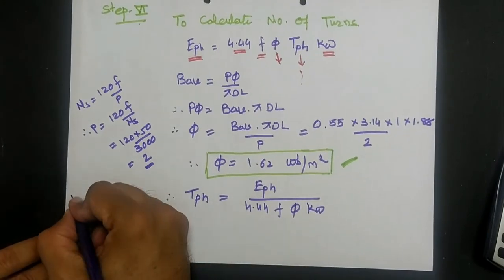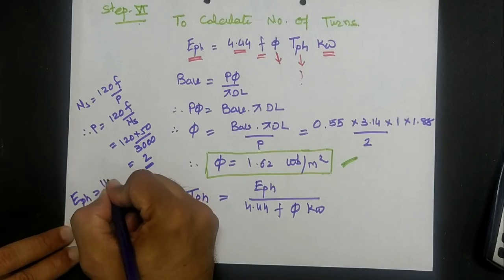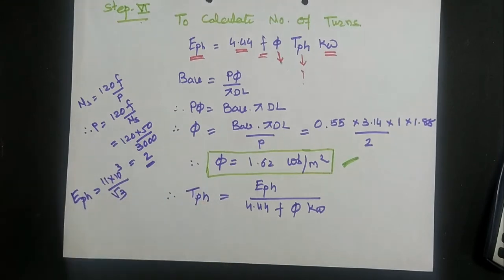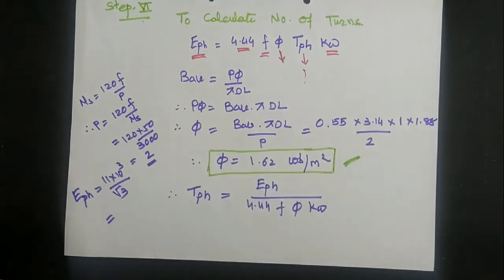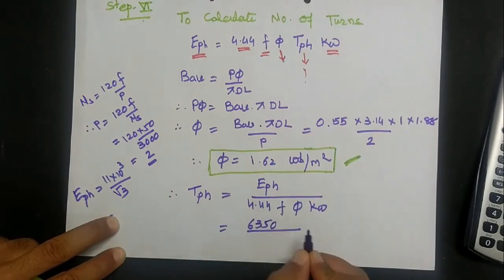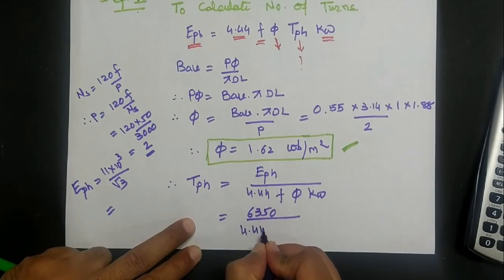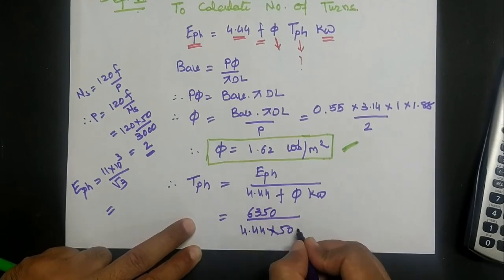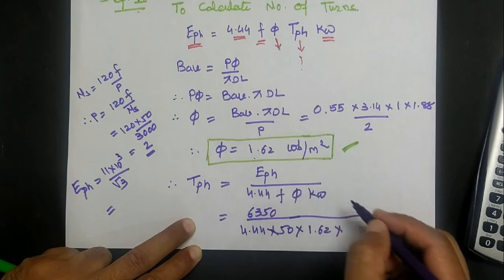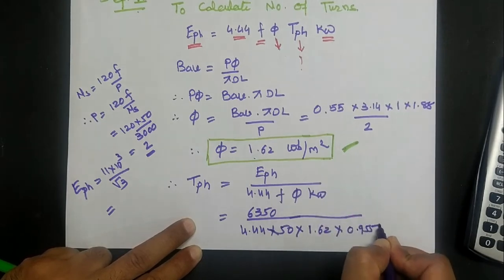Now it is star connected, so 11 multiplied by 10 raised to 3, that is 11 kV, and we need to divide by root 3. So EMF per phase is 11 divided by root 3, that is 6350 volts, divided by 4.44 multiplied by 50, that is our frequency, multiplied by 1.62, that is flux we have just calculated, and multiplied by 0.955.